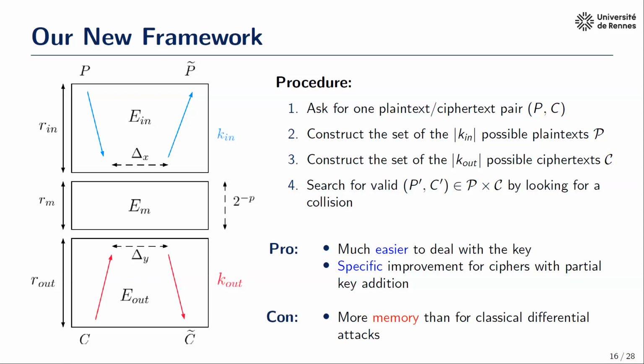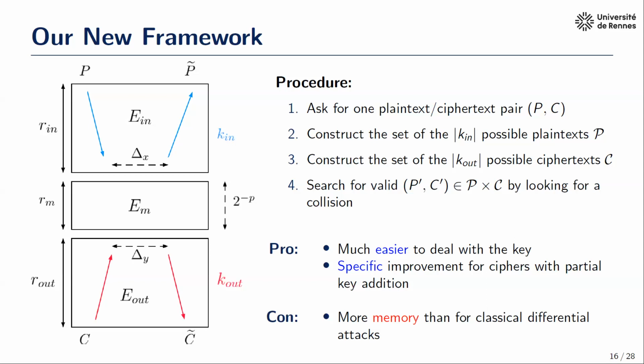While here, we somehow need to store all the pairs we will need. So more memory. But on the other hand, it is much easier to deal with the key, because it's much easier to loop over K in and compute P prime than, given P and P prime, to find the right values of K. The problem is much simpler.